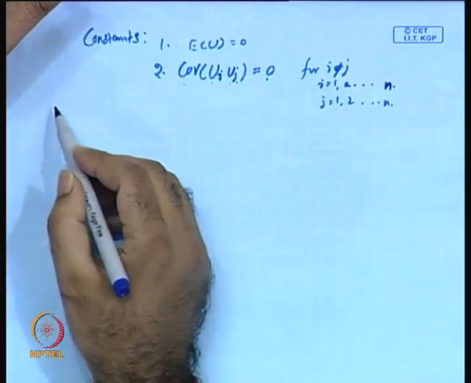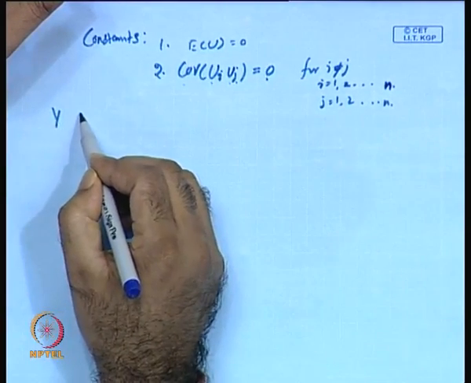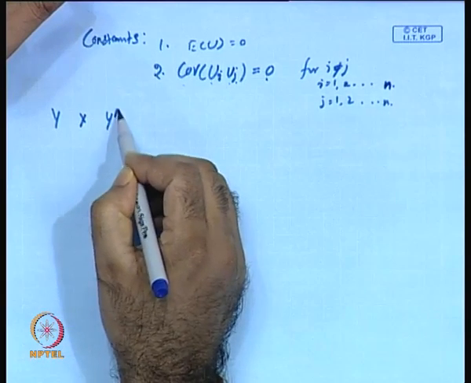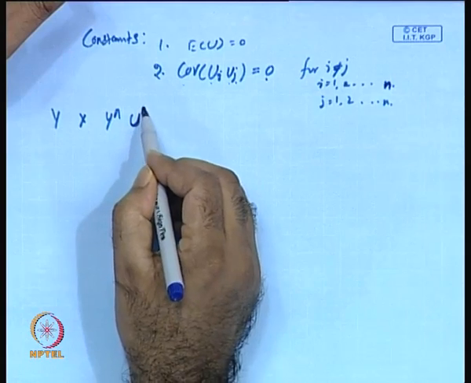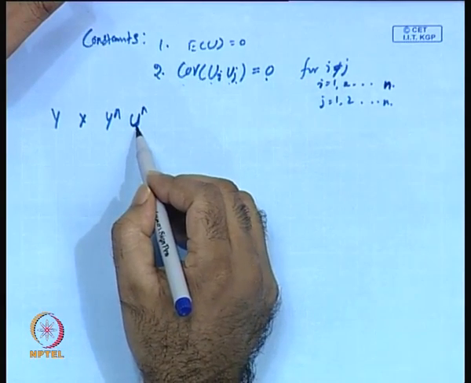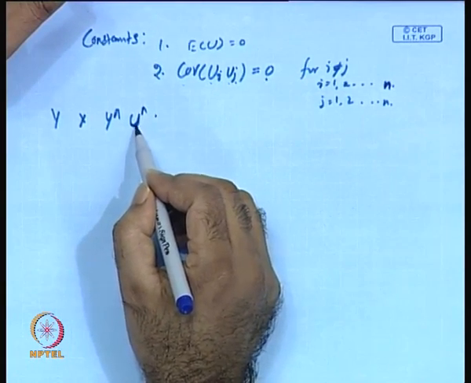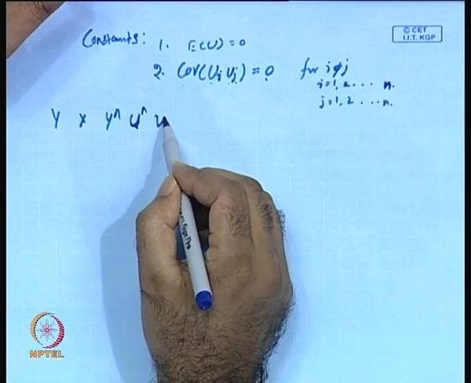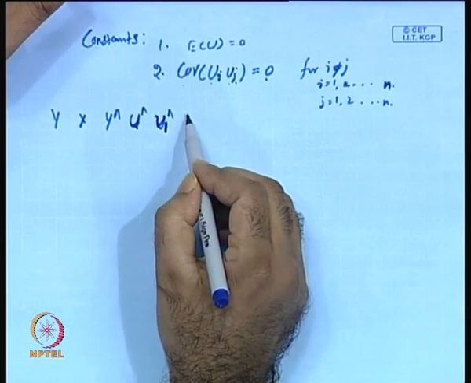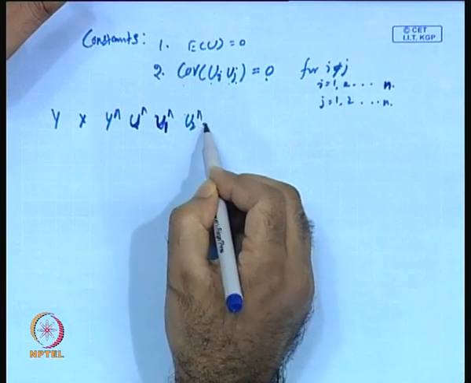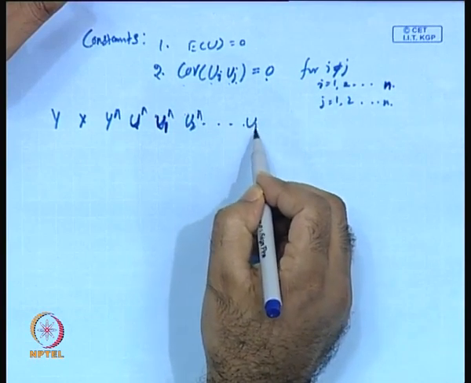So you see here y, x and y head, then u head. Let us say this is the original u1, then you look at u1 head, then u2 head, and similarly you can continue up to uk head.